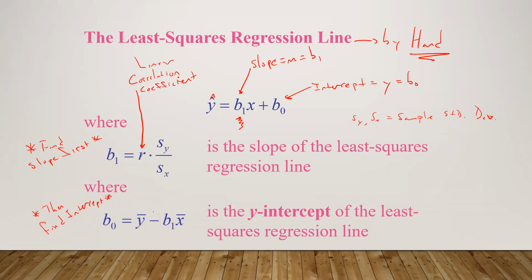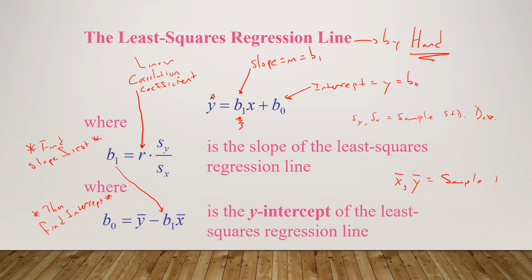The intercept is Y bar minus the slope times X bar. That's why you needed to find the slope first, because the slope is in the formula for the intercept. Does anybody remember what X bar stood for in statistics? Sample mean, yep, that's it.